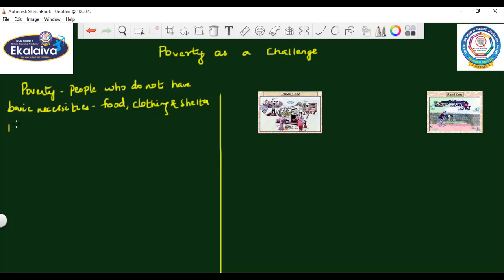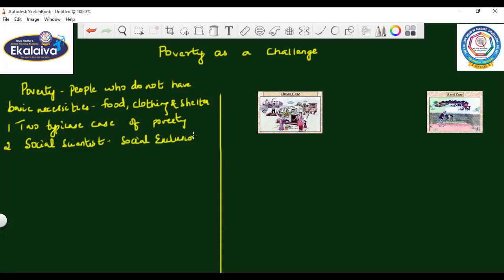Firstly, we are going to study two typical cases of poverty, followed by poverty as seen by social scientists, and their brief description about social exclusion and vulnerability.